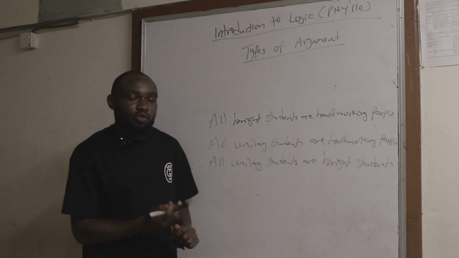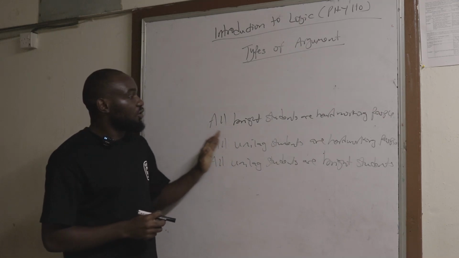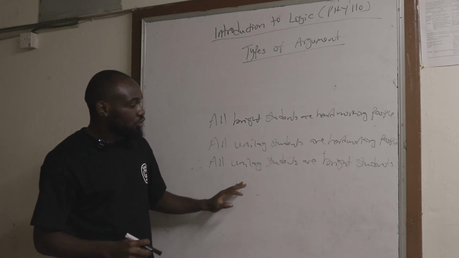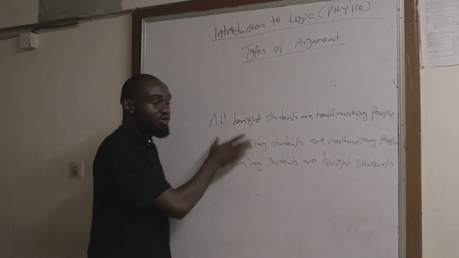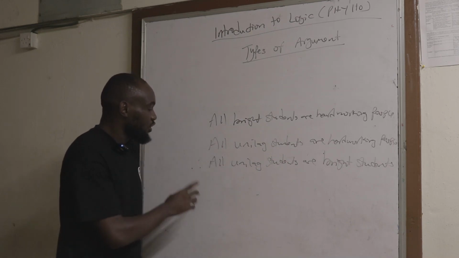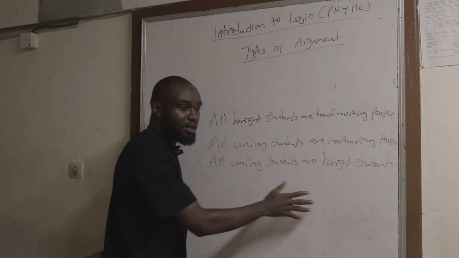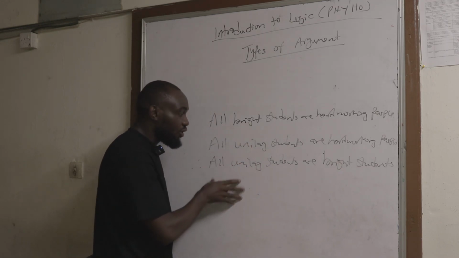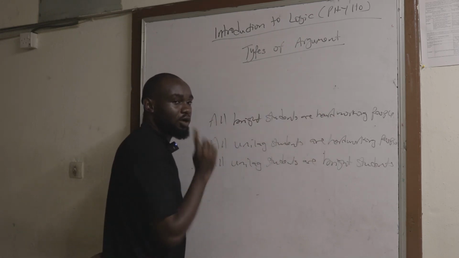So this is an example of a deductive argument whose premise moves from a general proposition and whose conclusion is also a general proposition. So we move from a general to a general and it's still deductive. Our conclusion here says UNILAG students are bright students. So our conclusion is necessarily derived from the premises given. All bright students are hardworking.